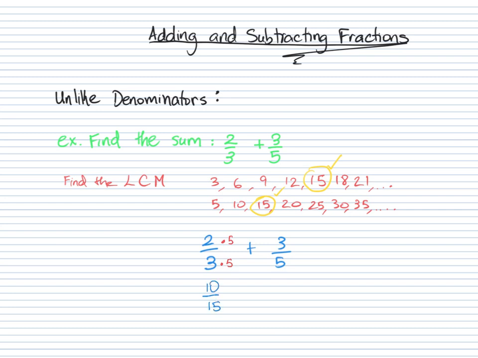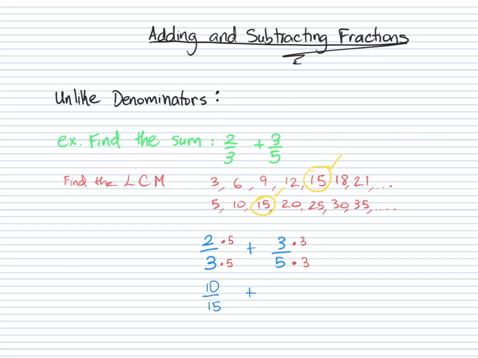Now we have the denominator that we want. We also need to get that 5 to be a denominator of 15. So how do we get 5 up to 15? Well, we have to multiply by 3. But as you know, whatever we do to the denominator, we have to do to the numerator. So we have 3 at the top as well.